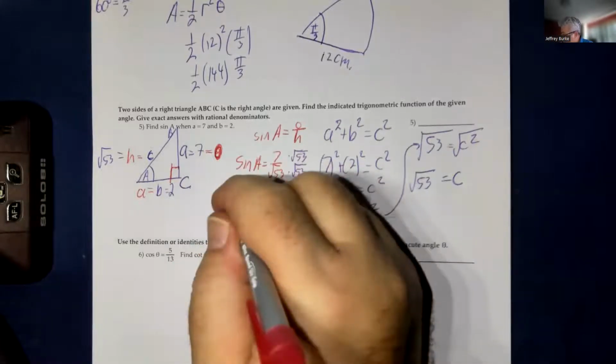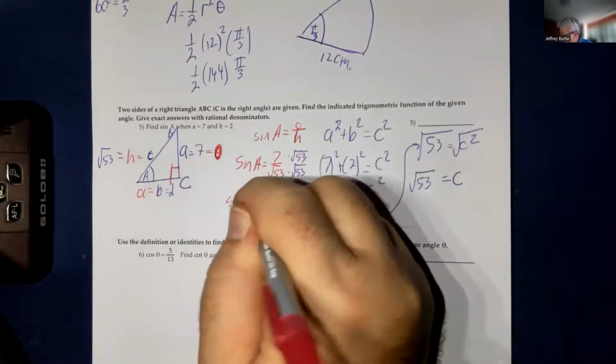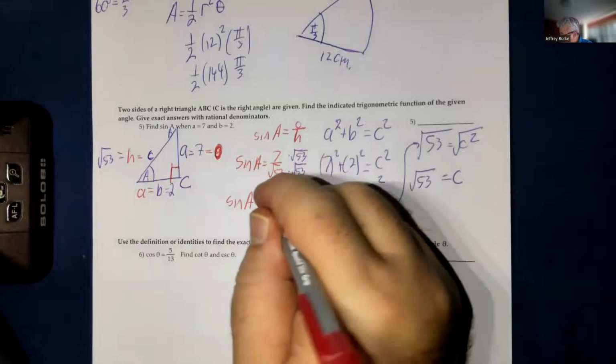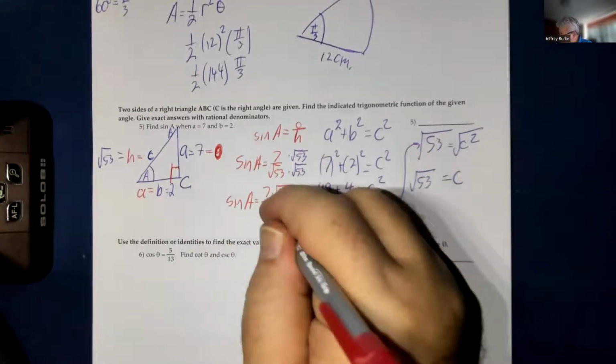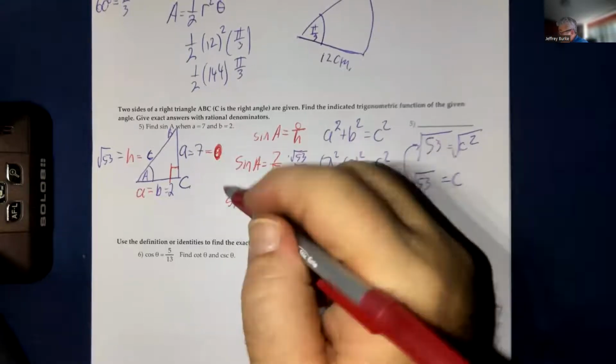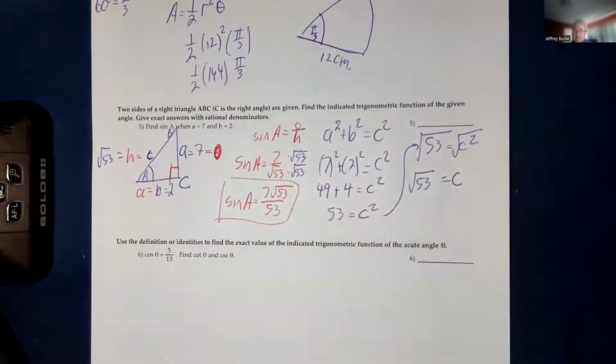And for our final answer, the sine of A is going to equal 7 times the square root of 53 divided by 53. And that is going to be an exact answer. So when they give you directions about finding an exact answer with rational denominators, this is what we are looking at. All right, so that's question 5 done.